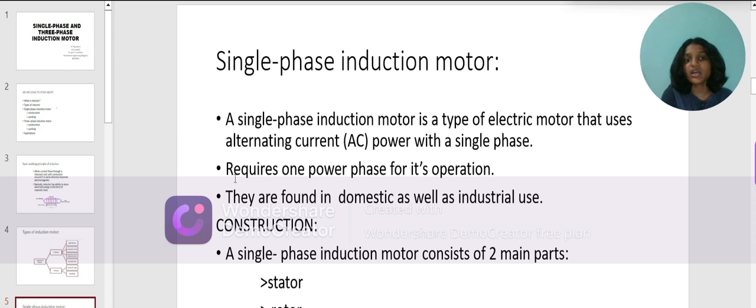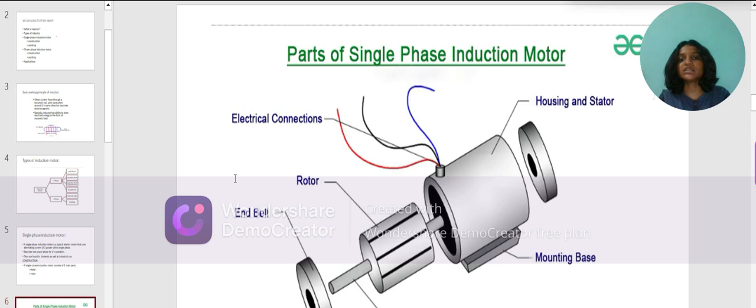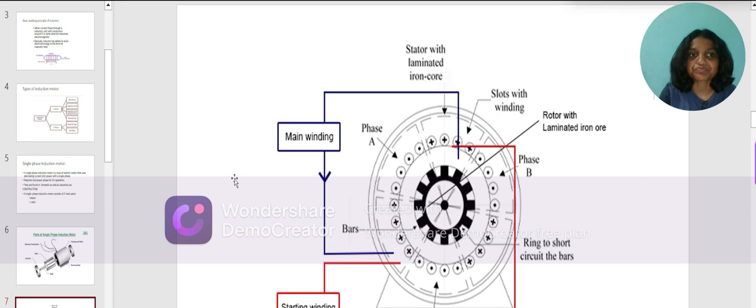Next we will learn about the construction of single phase induction motor. It consists of two main parts, one is stator and the other one is rotor. Stator, by name itself, is a stationary component of the induction motor, and rotor is the rotating component of the induction motor.